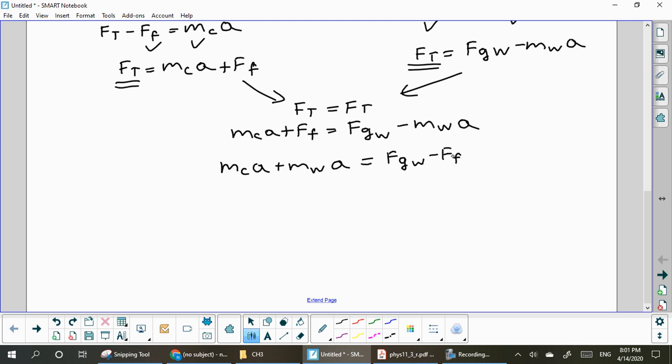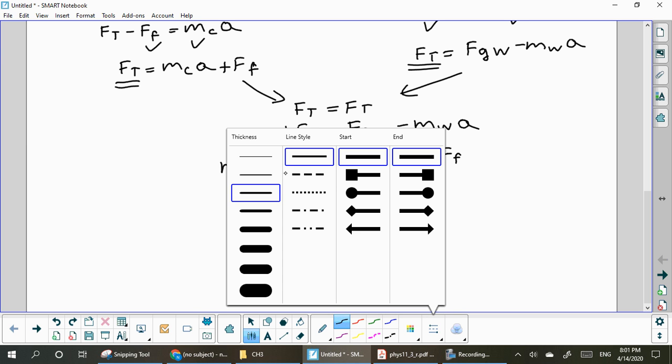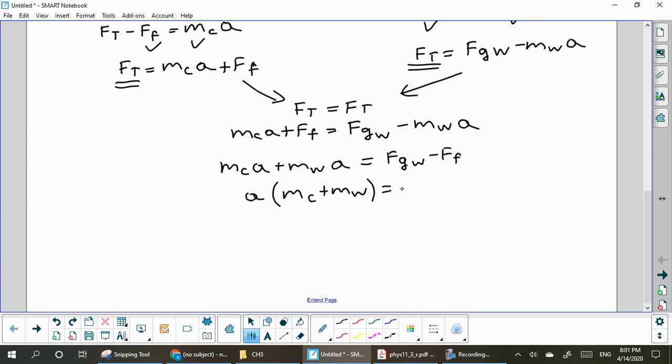There we go. I'm going to factor out A, acceleration, which is what we're looking for, which is going to leave me with MC plus MW, and that's going to equal the same thing. Actually, you know what? I'm going to just adjust it. I'm going to change the FGW and replace it with MW times the acceleration due to gravity, and still just force of friction there.